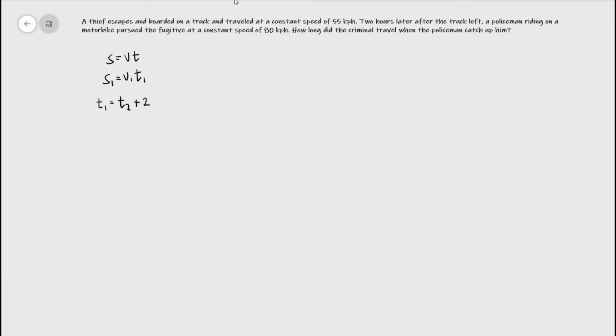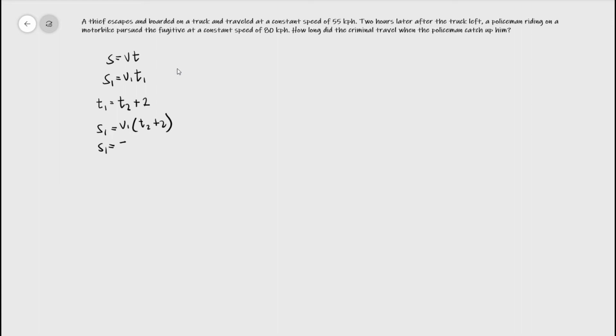Then let's replace t sub 1 in our equation for S sub 1. Therefore we can say that S sub 1 is equal to V sub 1 times t sub 2 plus 2, and we know that the truck is traveling at a speed of 55 km per hour.